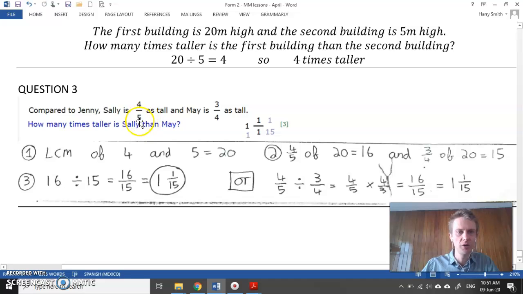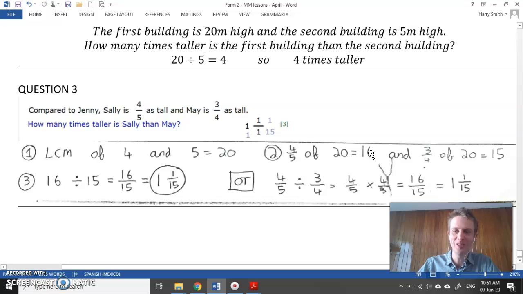I'm going to start by looking at the lowest common multiple of 5 and 4. This will become clearer why I do this in a second. The lowest common multiple of 5 and 4 is 20. Multiples of 5: 5, 10, 15, 20. Multiples of 4: 4, 8, 12, 16, 20. So I can calculate 4/5 of 20. If Jenny is 20 meters high, then Sally would be 16 meters high.